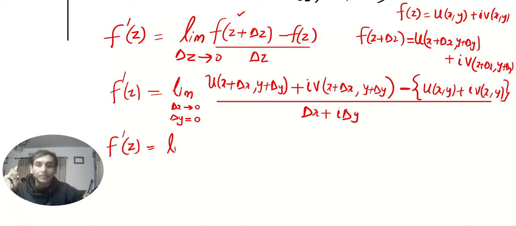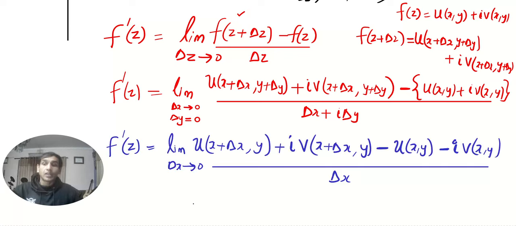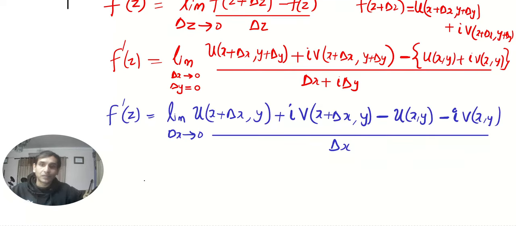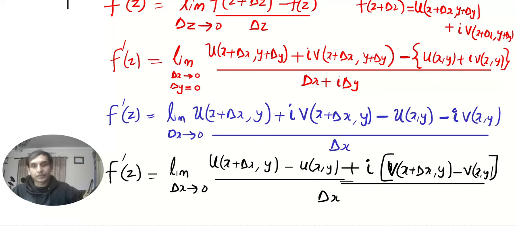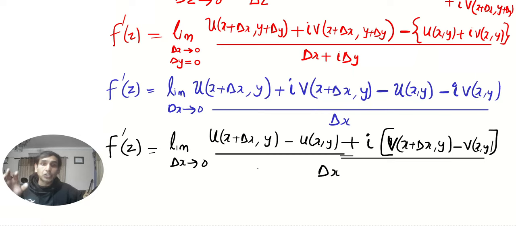So we get, okay, so I hope you got the point. I just removed Δy and I am making sure Δx is very small. Now I am going to rearrange this. Okay, so I hope you understood what I did.